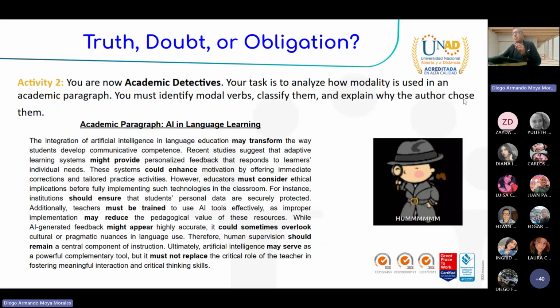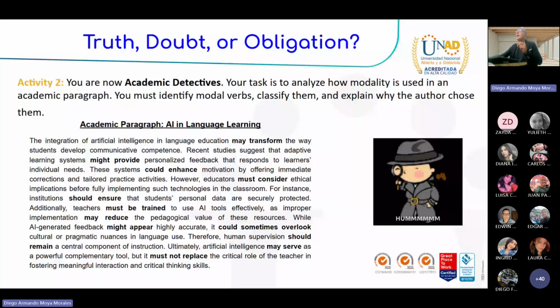In this case, you are going to play a role. The idea is that you identify again the modal verbs and their function. And here we have this academic paragraph, because remember, we are having this discussion, this lecture in an academic setting, the one that you are, of course, in this course.